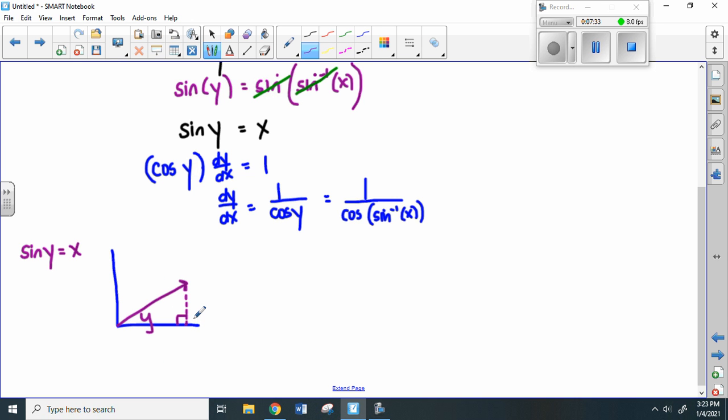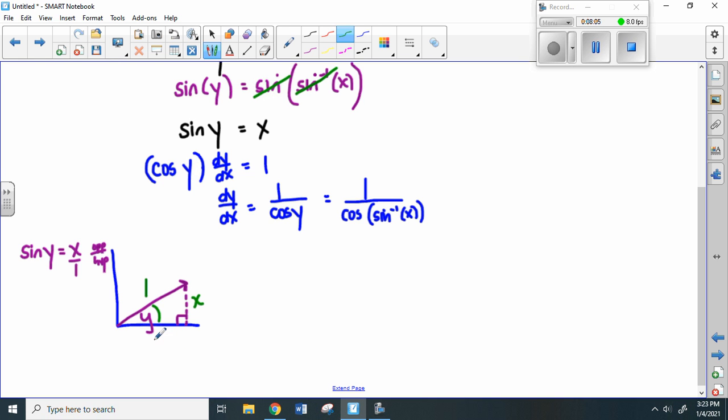If you remember your right triangle trig, sine of an angle is equal to opposite over hypotenuse, and I can make x a fraction by putting it over 1. So x is the opposite of my angle y, and 1 is the hypotenuse. Then I can use the Pythagorean theorem to find the missing side.